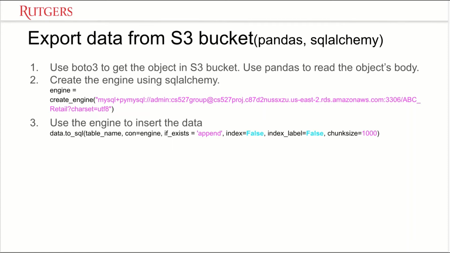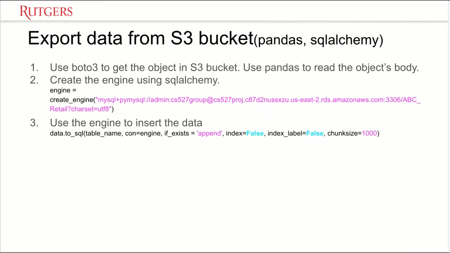The first step is to use Boto3 to get the object in the S3 bucket, and then we use pandas to read the object's body, which is a byte stream. Secondly, we create the engine using SQLAlchemy.